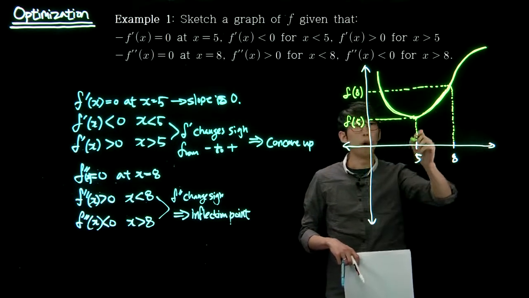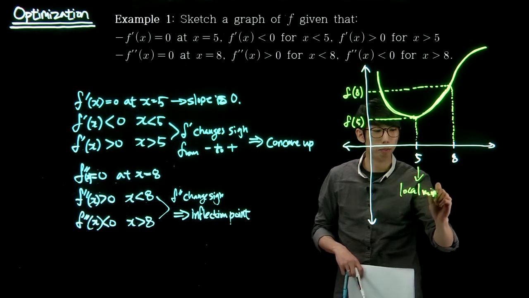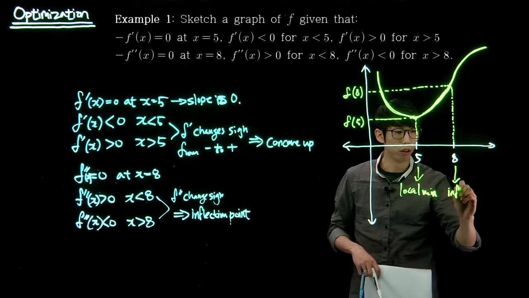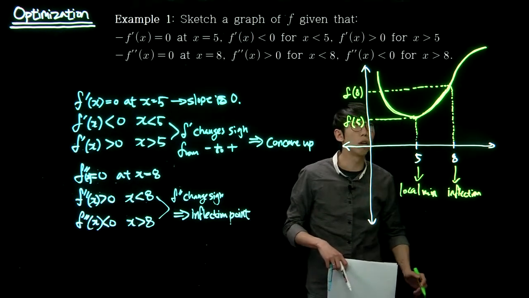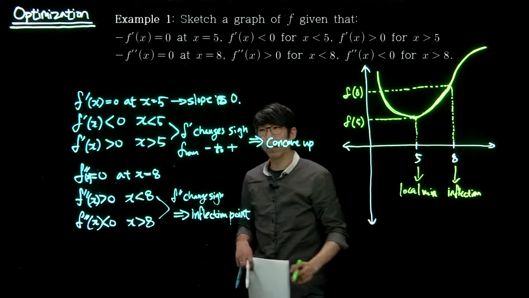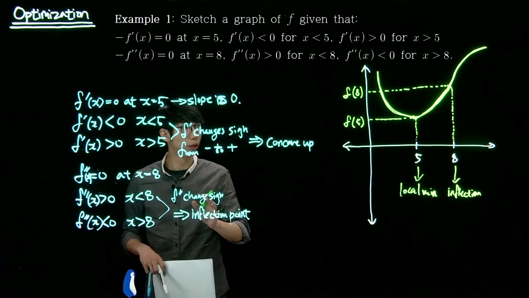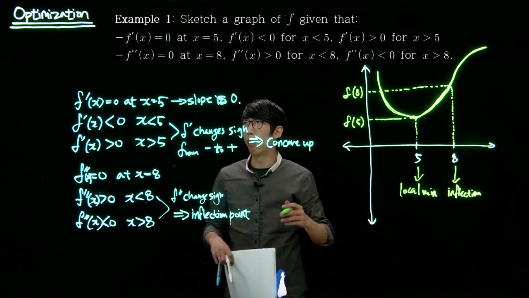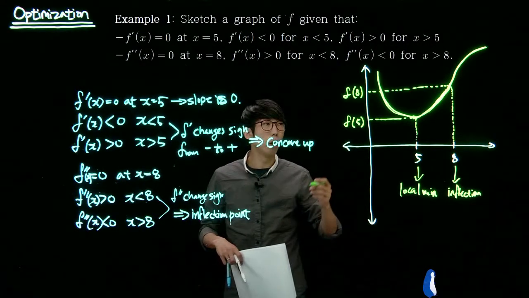But the important thing is that we have a local minimum at this point and an inflection at this point. And whatever the function is, it would look very close to something like this. Okay? It is very cool that we can estimate the graph from a few pieces of information like this. Okay? So this is how you utilize the information about the function f, f prime, and f double prime to estimate its graph.